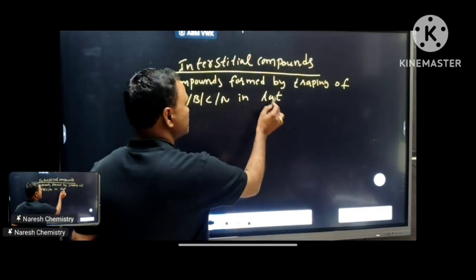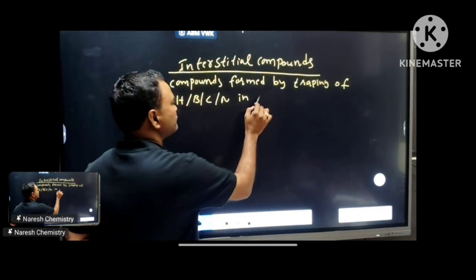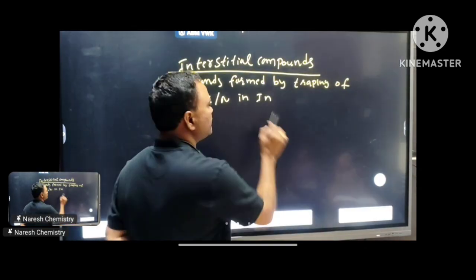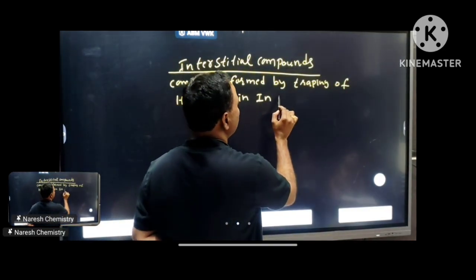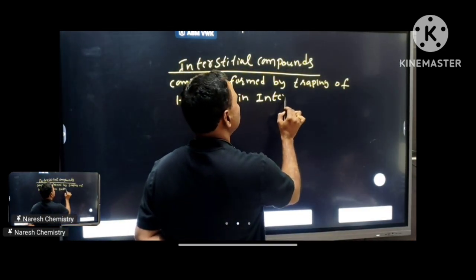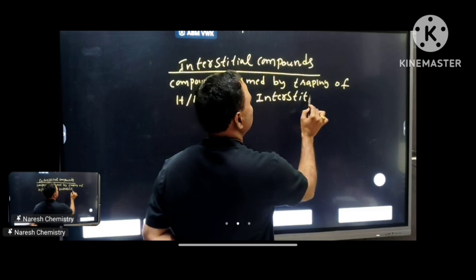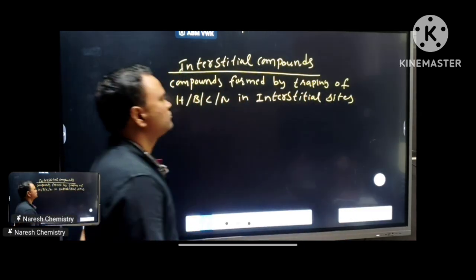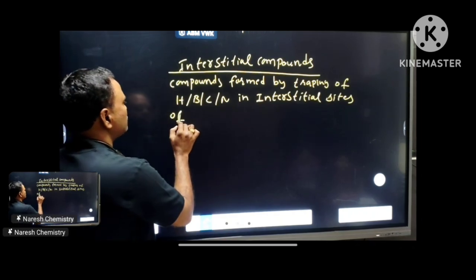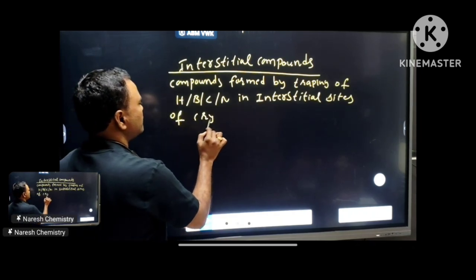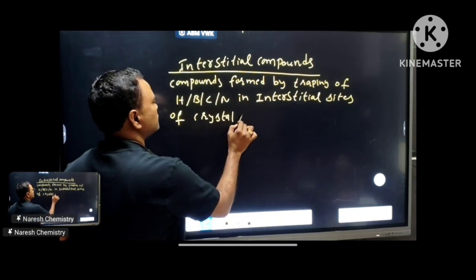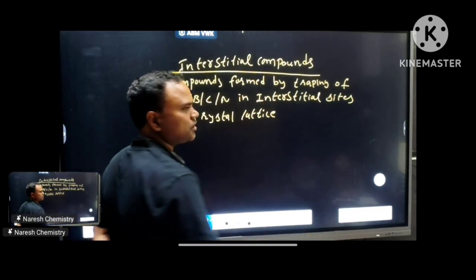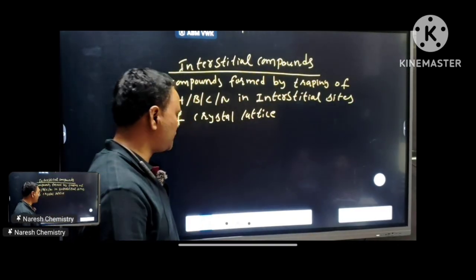The best word is interstitial site. It means gaps only, between atom to atom. Interstitial sites of the crystal lattice. Crystal lattice is another name for a metal.